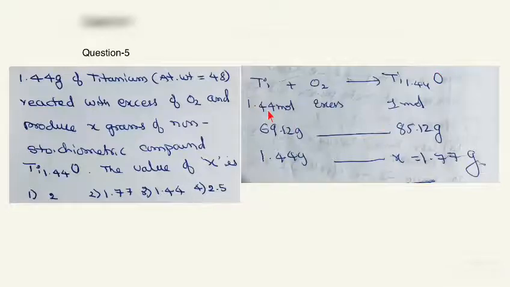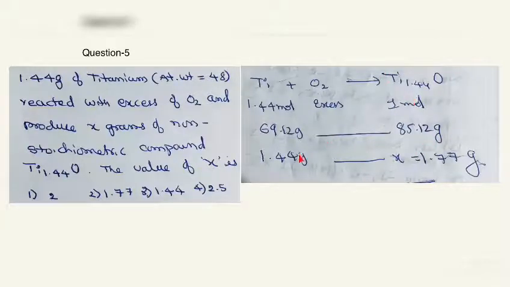So 1.44 moles of titanium react with the excess of oxygen, forming 1 mole of this titanium 1.44 oxygen 1.0 compound. So 1.44 moles means 69.12 grams of titanium reacting, giving 85.12 grams of this non-stoichiometric compound.